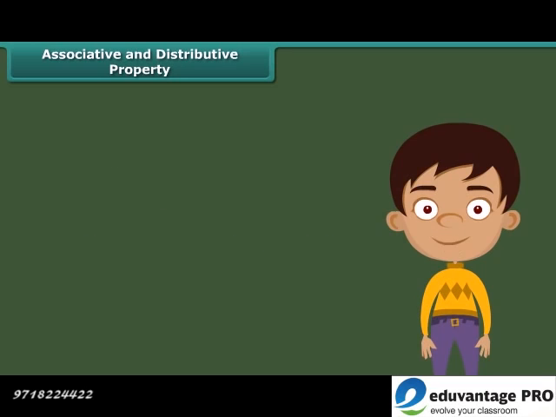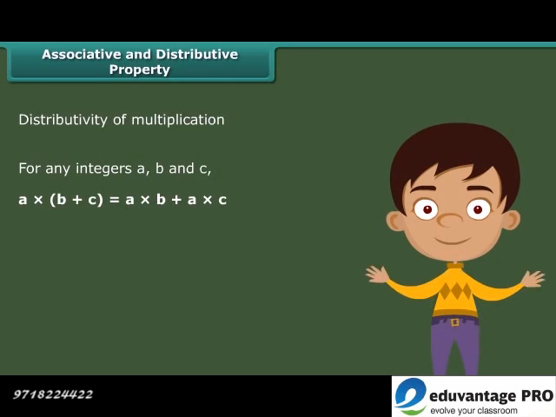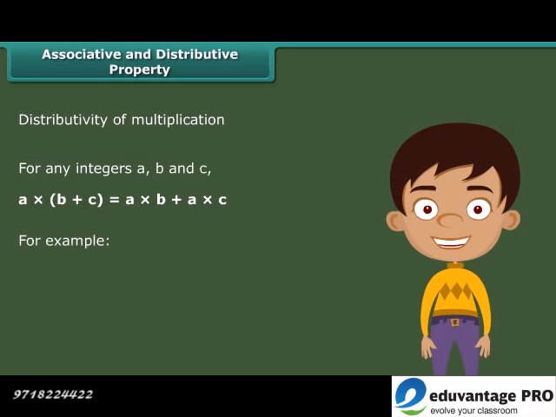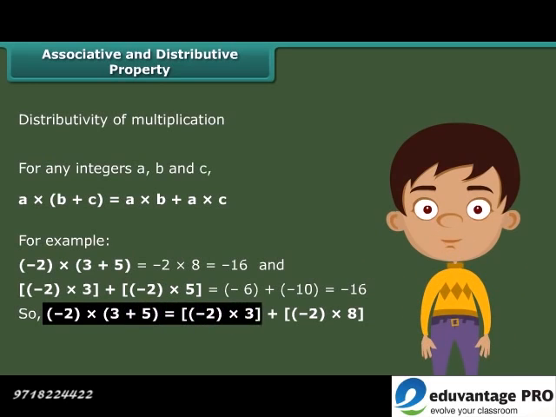Now let us move towards the distributive property of multiplication. For any integers a, b, and c, a × (b + c) is equal to a × b + a × c. For example, -2 × (3 + 5) is equal to -2 × 3 + -2 × 5.